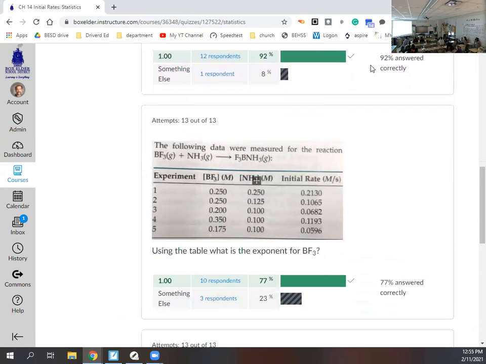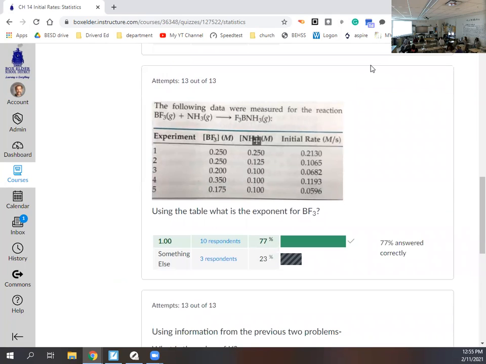Okay, next, BF3, we're now looking for where NH3 is held constant and where this is changed, and it is held constant in 3 different places. But the easier math, unless you like doing 3/4, would be, yeah, don't do that. Go here. Same, doubled going up, and I doubled and I doubled.